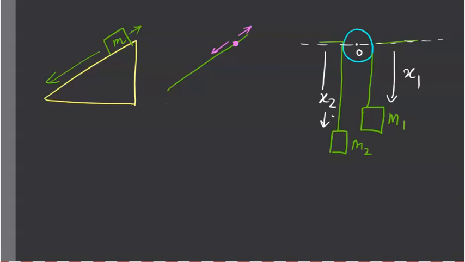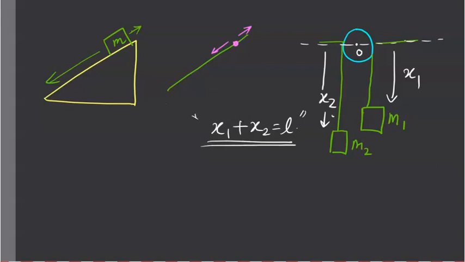Then x1 plus x2 will always be equal to L, the length of the string. Of course, I am assuming that the string is inextensible. That means you cannot extend it beyond its original length, or compress it beyond the original length. So this is a constraint on the system, right?